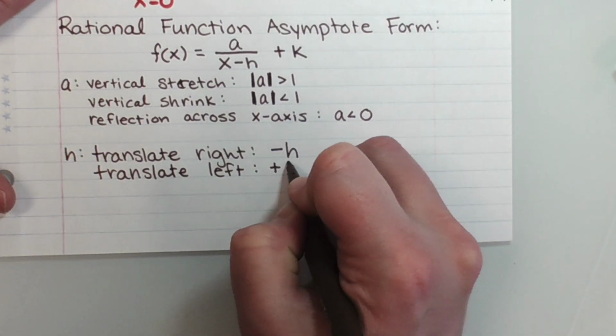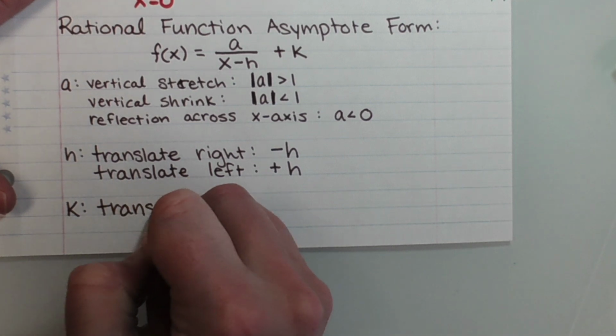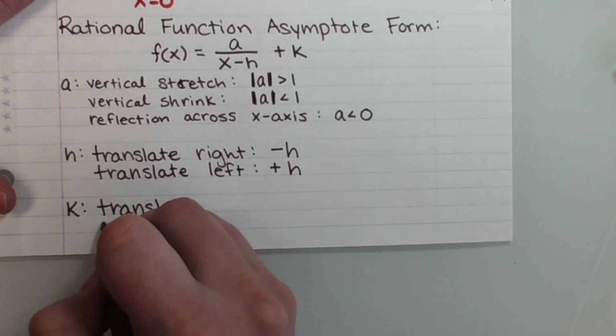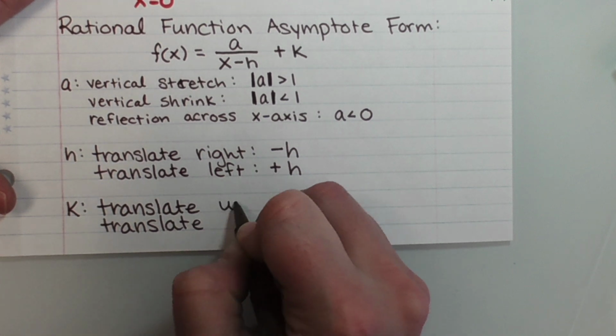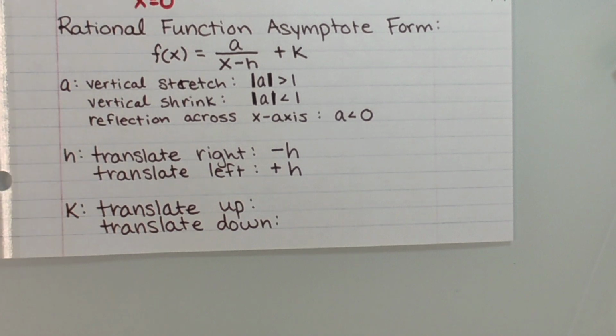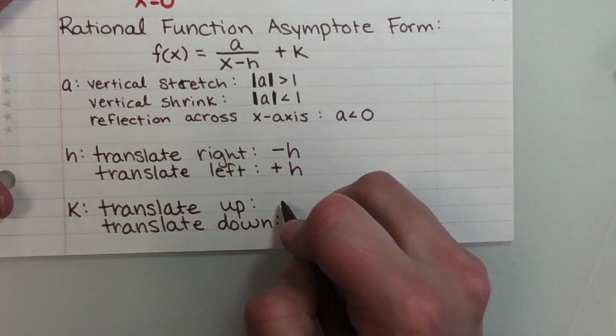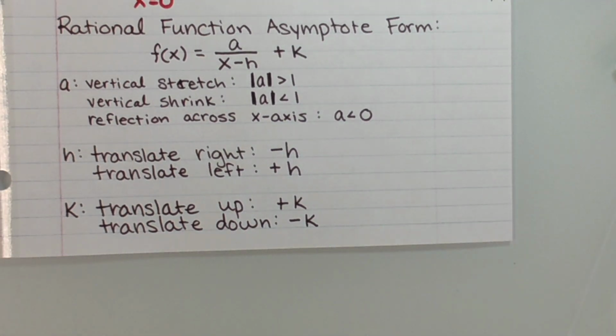Goes to the left when you add h. k also translates, but which directions? Up and down. Goes up when you add k. Goes down when you subtract k. Notice there's not a b. b can be looped into a, and that's what we're going to do in this chapter. If a b pops up, I'll show you how to deal with it.